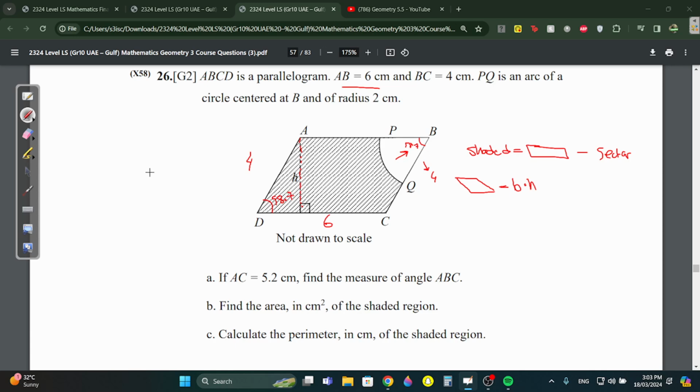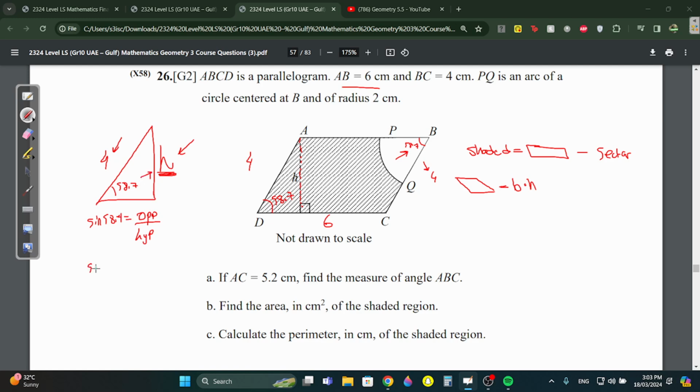Okay, I'm going to give you this triangle. H over here, 4 over here, 58.7 degrees. Can I find this H? Of course I can. Opposite over hypotenuse, so I'm using sine. Sine 58.7, what's the opposite side?